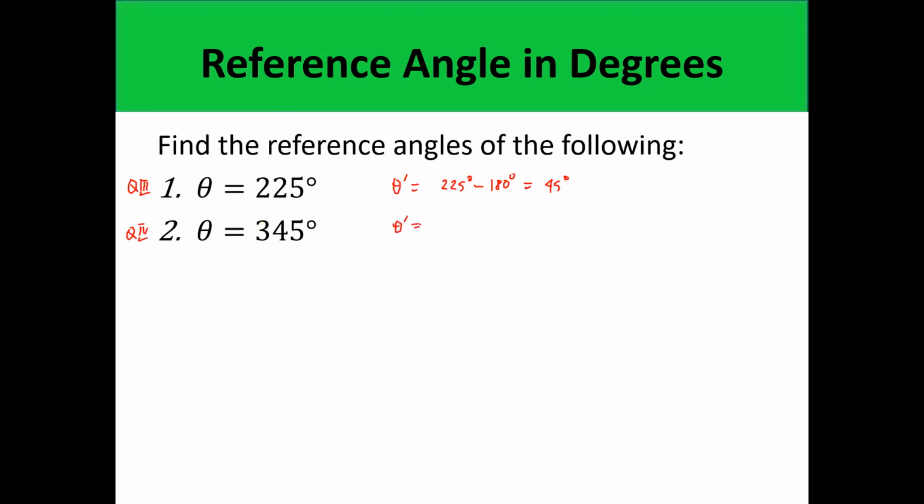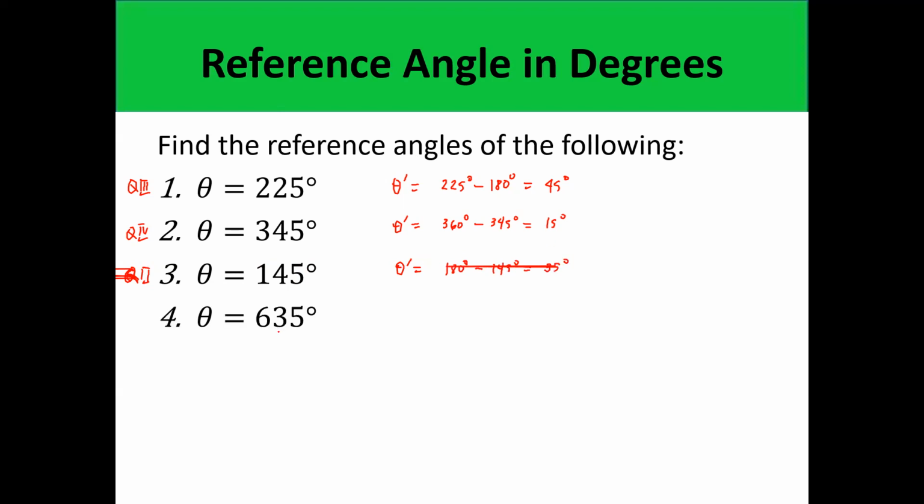The reference angle in quadrant 4 is 360 degrees minus the given angle, so this is 15 degrees. Third example, 145 degrees is between 90 and 180 degrees, so this angle is in quadrant number 2. The reference angle is 180 degrees minus 145 degrees, which is 35 degrees.